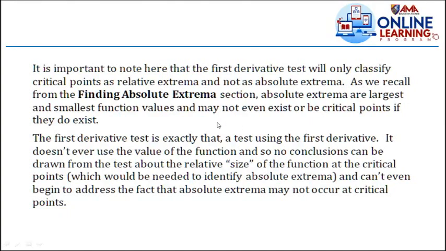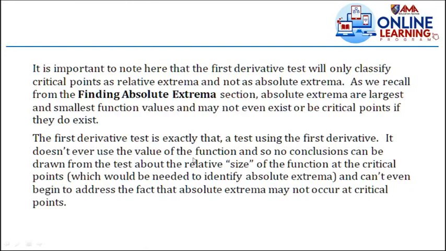It is important to note here that the first derivative test will only classify critical points as relative extrema and not as absolute extrema. As we recall from the finding absolute extrema section, absolute extrema are the largest and smallest function values and may not even be critical points if they do exist. The first derivative test is exactly that, a test using the first derivative.